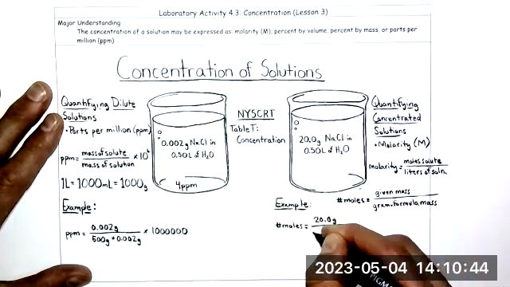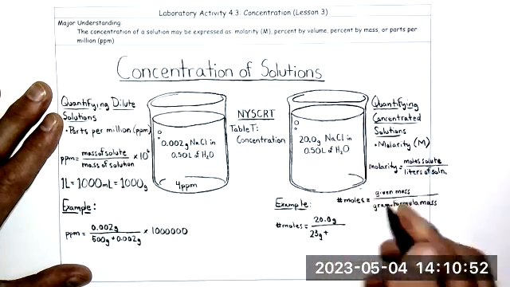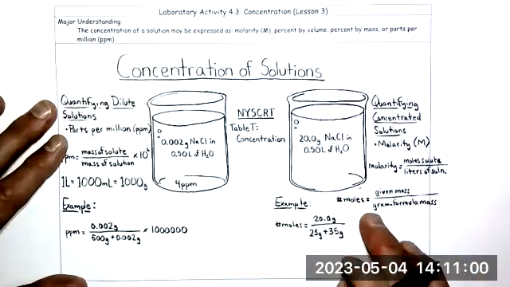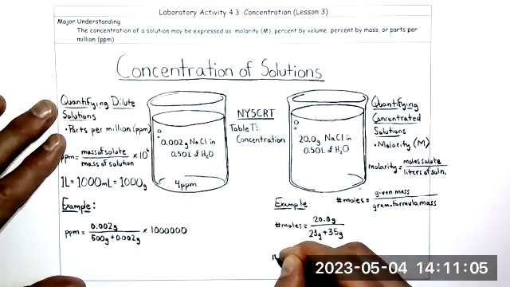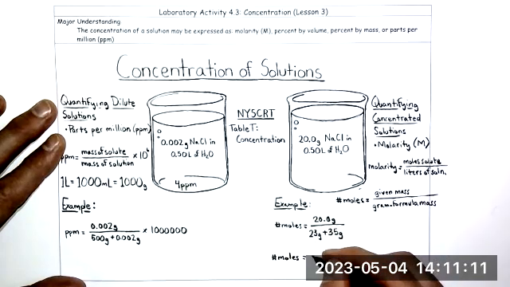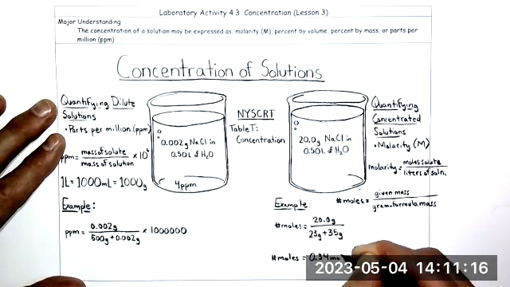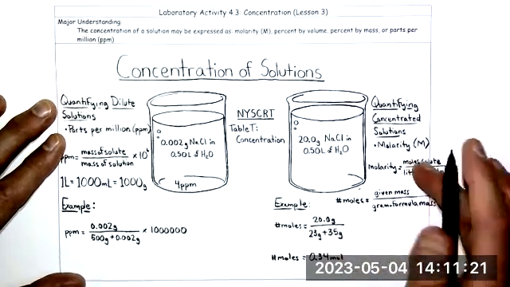Since we have one sodium, which has a mass of approximately 23 grams, and one chlorine, which has a mass of approximately 35 grams, we end up with a gram formula mass of about 58 grams. So our calculation is 20 divided by 58, and we end up with a number of moles equal to 0.34 moles.